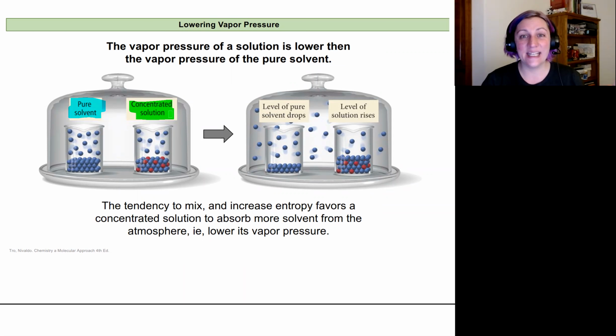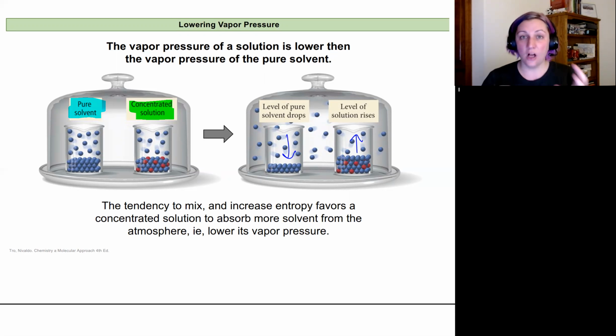And what we see over time is that the level of the pure solvent in the beaker decreases as the volume in the solution increases. So it's this entropic driving force for mixing that drives the solvent. Sorry, I'm going to confuse solute and solvent if I'm not careful.